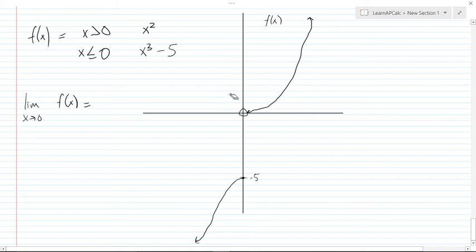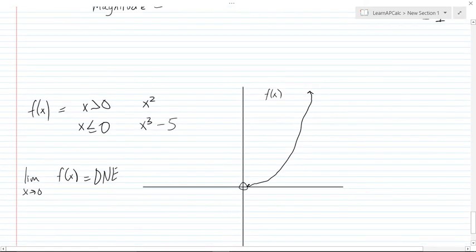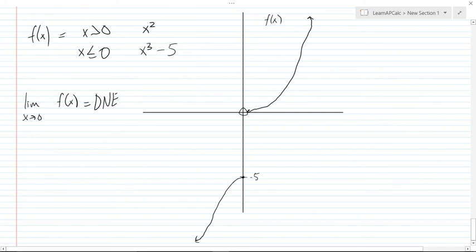But from the left, we're coming to 5. I'm sorry, negative 5. So what is the limit then? Well, here it would not exist. And this is called a jump discontinuity, because here the function is jumping up at x equals 0. And so we don't approach the same limit from both sides.